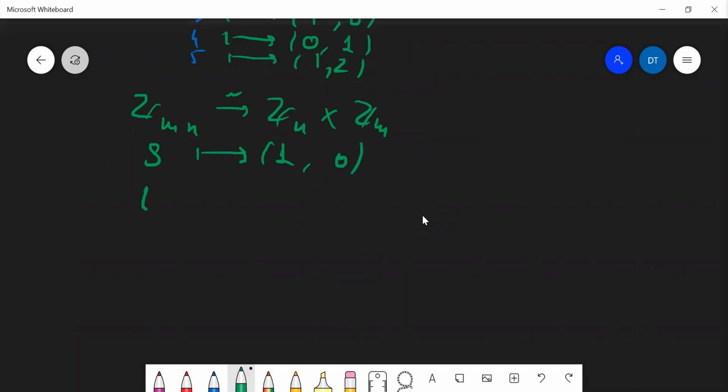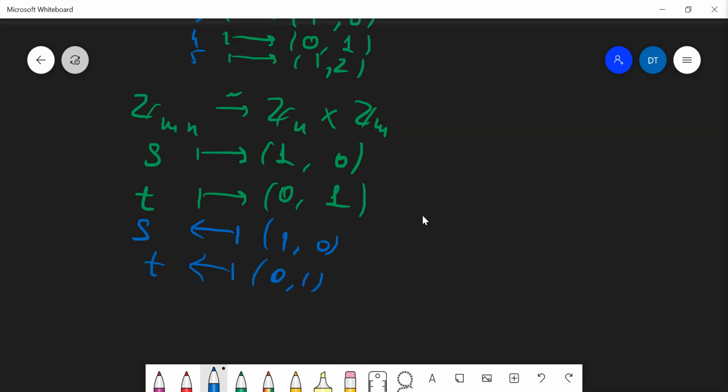And then I want to find an element T which goes to (0, 1). If I find such elements S and T, this simply means that the inverse map must take (1, 0) to S and (0, 1) to T.